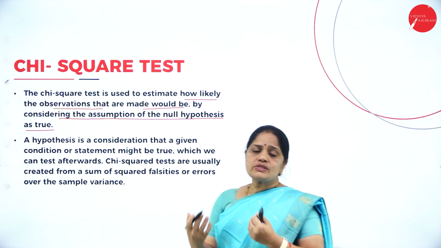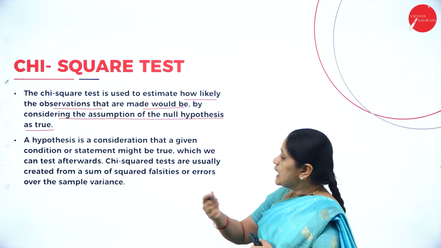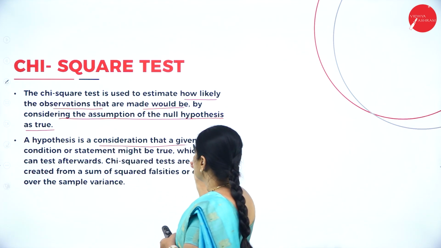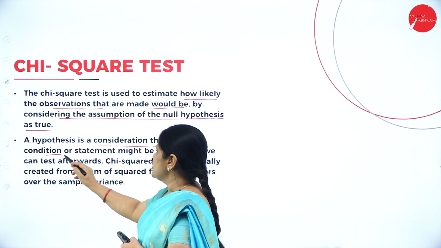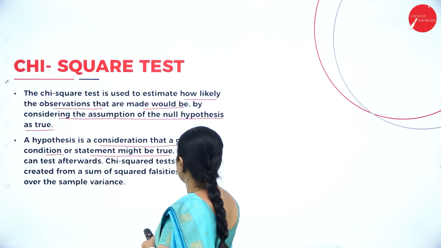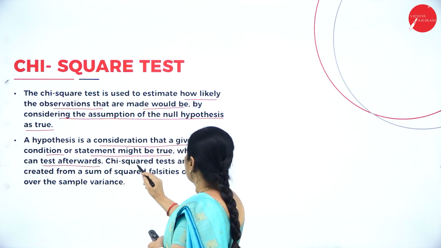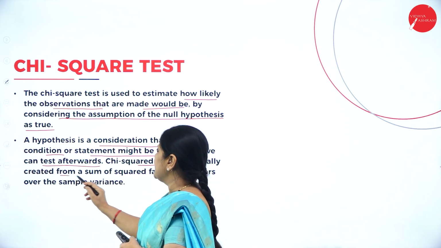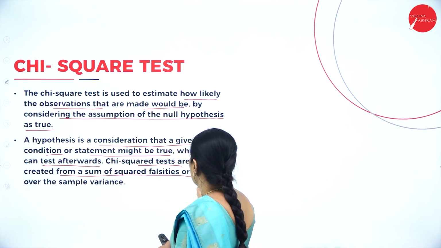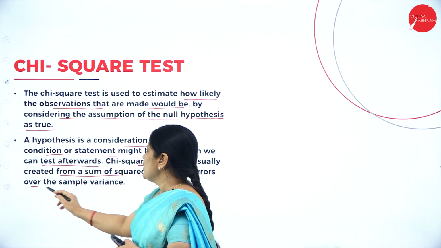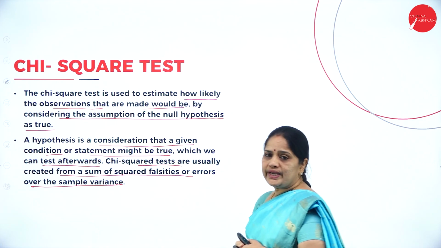We should ask ourselves, what is the meaning of hypothesis? A hypothesis is a consideration that a given condition or statement might be true, which we can test afterwards. Chi-square tests are usually created from a sum of squared falsities or errors over the sample variance.